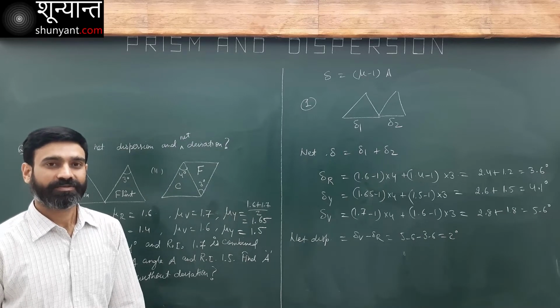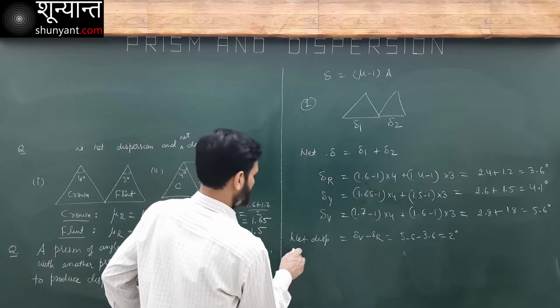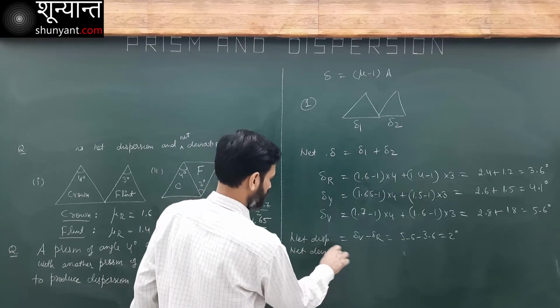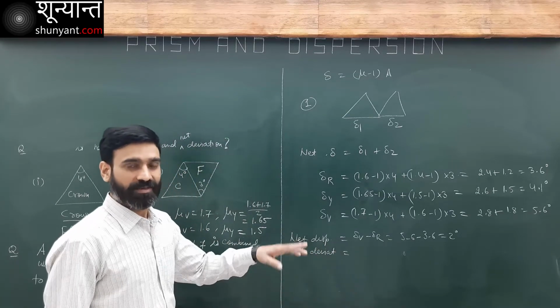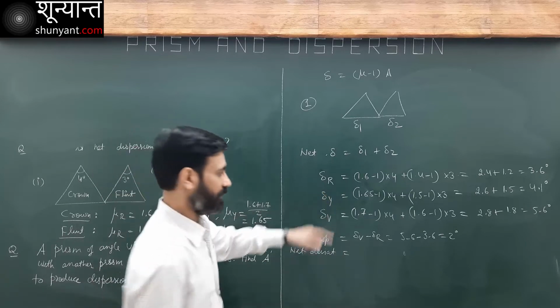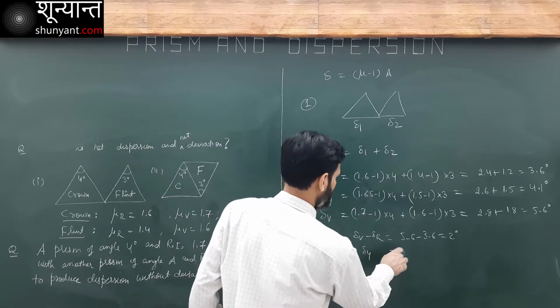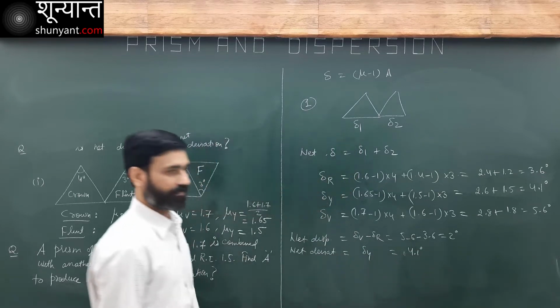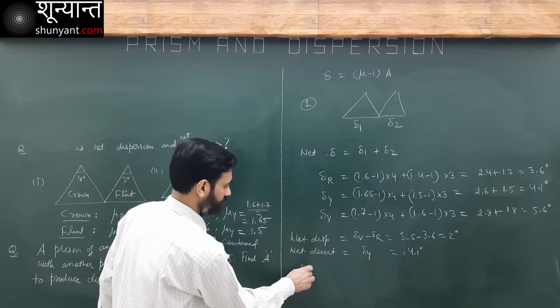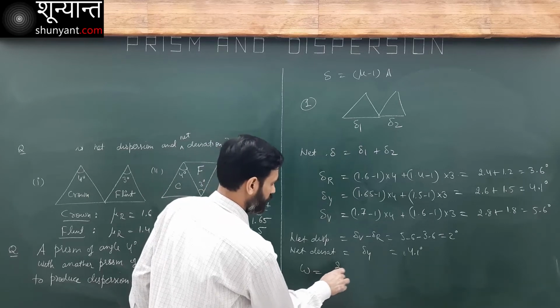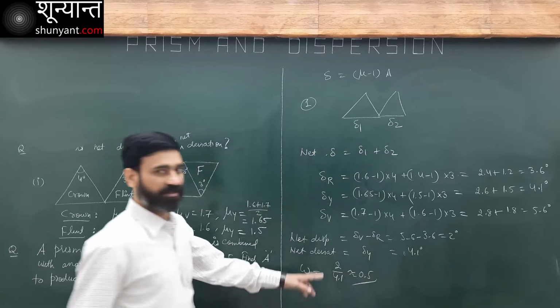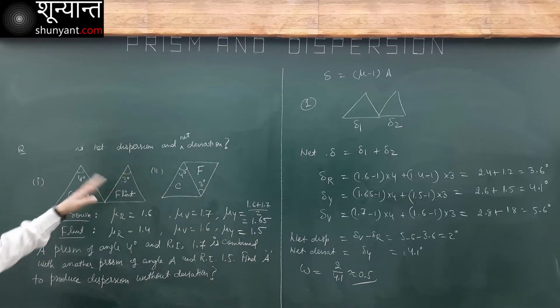And then net average deviation, that means net deviation delta y, is equal to 4.1 degree. What is omega? It is 2 over 4.1, approximately 0.5. This is the dispersive power of this combination.